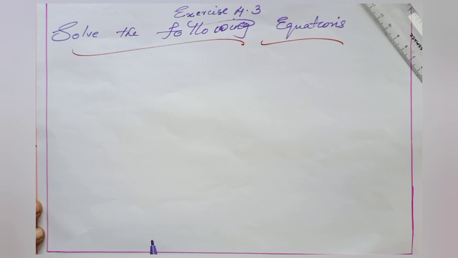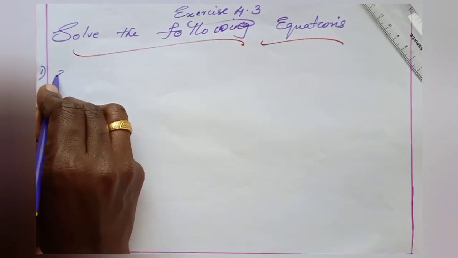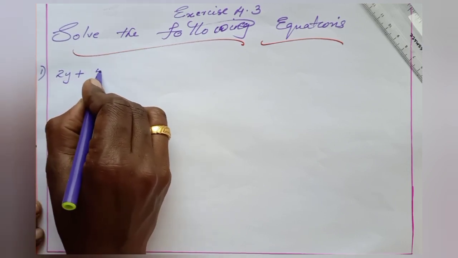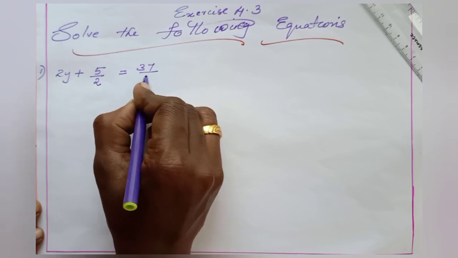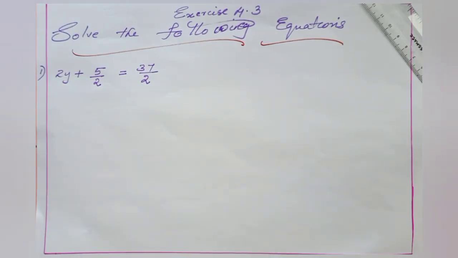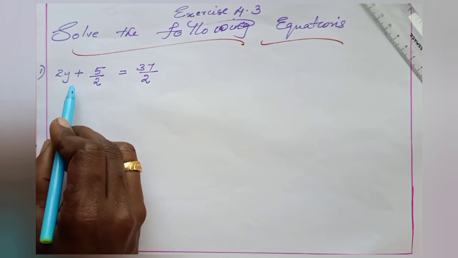Solve the following equation. First question is 2y plus 5 by 2 equal to 37 by 2. Listen, this is a simple equation in variable y.